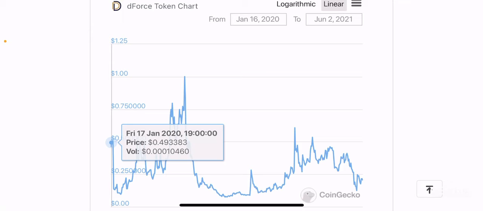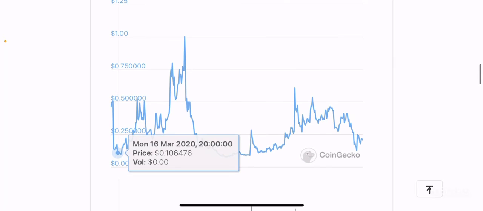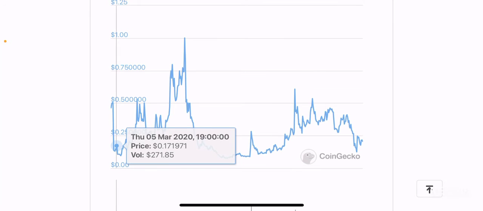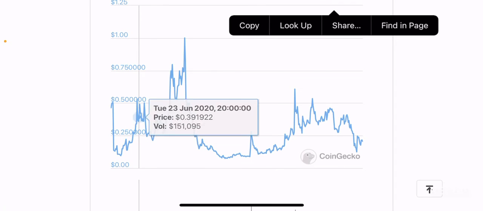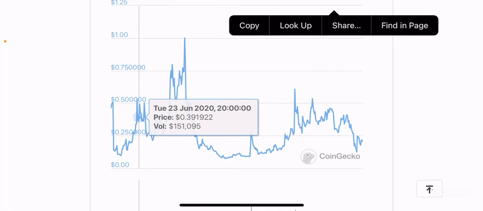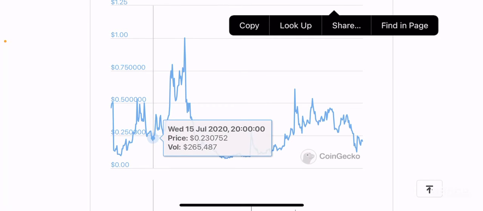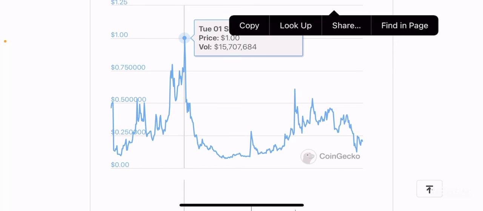The price feed for this token was available since Jan 2020, and it was trading at 49 cents before crashing down immediately after its release on either CoinMarketCap or Uniswap, I believe, and then it was trading at 17 cents or even at all-time lows of about 10 cents per token, and then it rallied back up mid to late June to an all-time high at that time of about 50 cents per token before crashing back down, touching the 23 cent mark, and then making new all-time highs of about $1 per token, right?